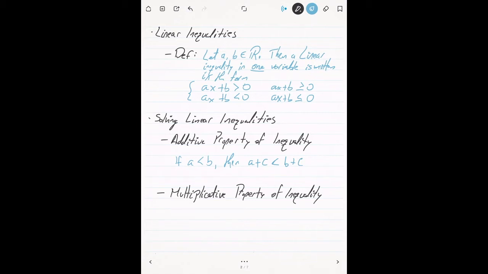What if we were to subtract the same thing from each side? So let's say if A is less than B, then A minus C and B minus C, let's see how these are related. Let's say we subtracted 5 from each side. 3 minus 5 is negative 2. 4 minus 5 is negative 1.